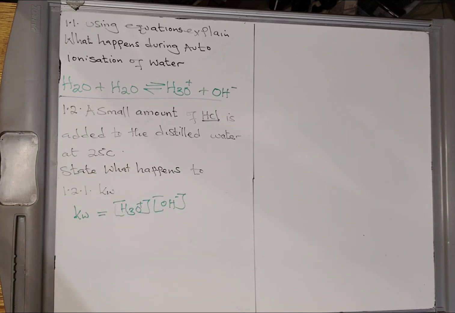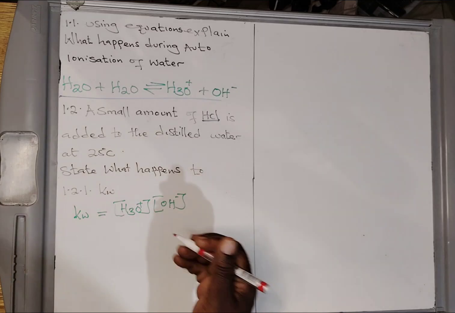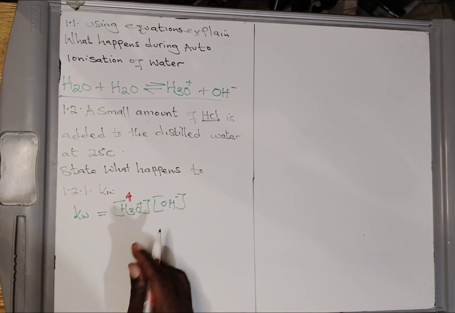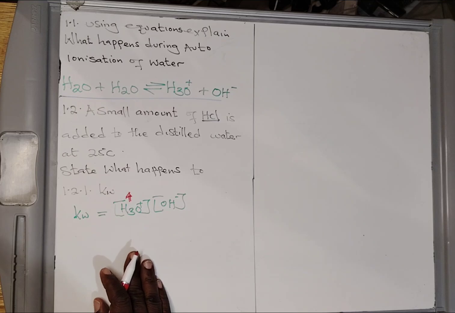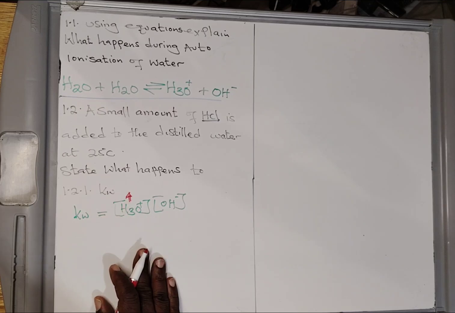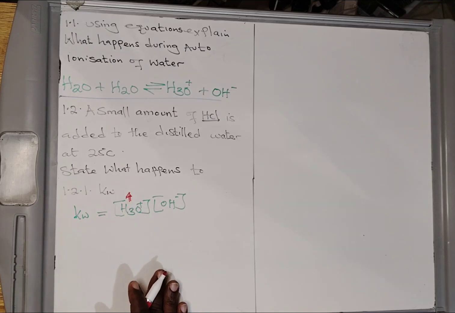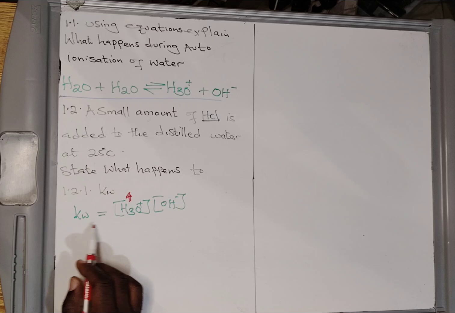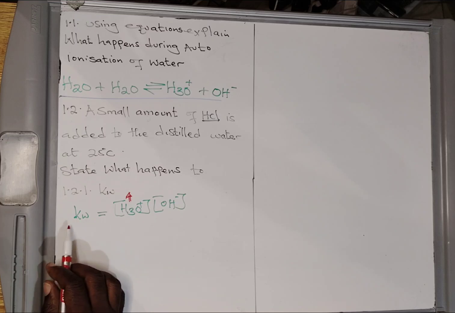Addition of hydrochloric acid increases the amount of hydronium ions. But in whatever we do, there's something you have to know, that the water ionization constant remains constant.